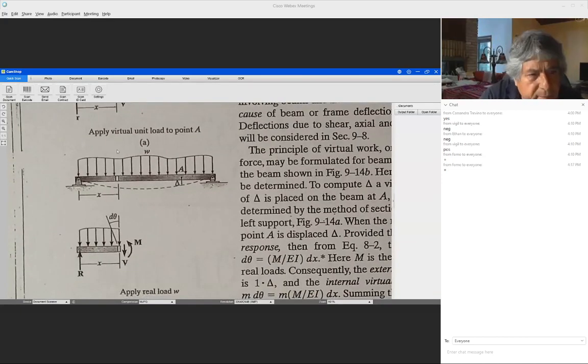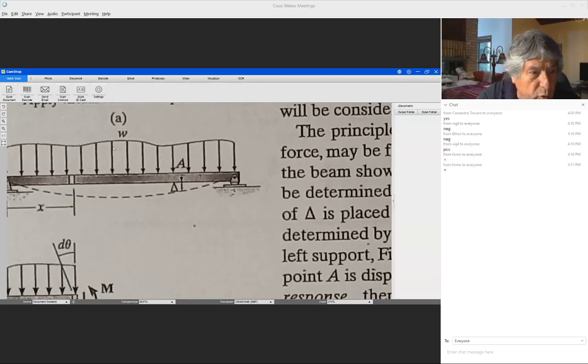They represent the load by something that is not uniform. It doesn't matter at this time. But what is important is that point A, due to this load, moves the distance delta.